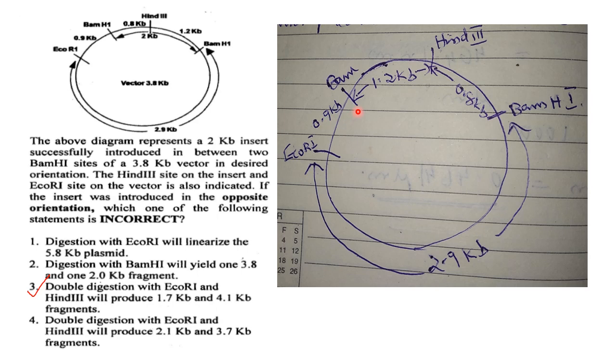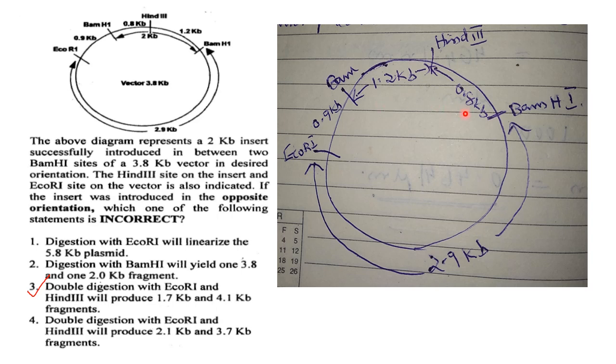Now if you digest it with EcoRI and HindIII, and the fragment is inserted in the opposite orientation, then you will get 0.9 plus 1.2 kb, that will be around 2.1 kb.